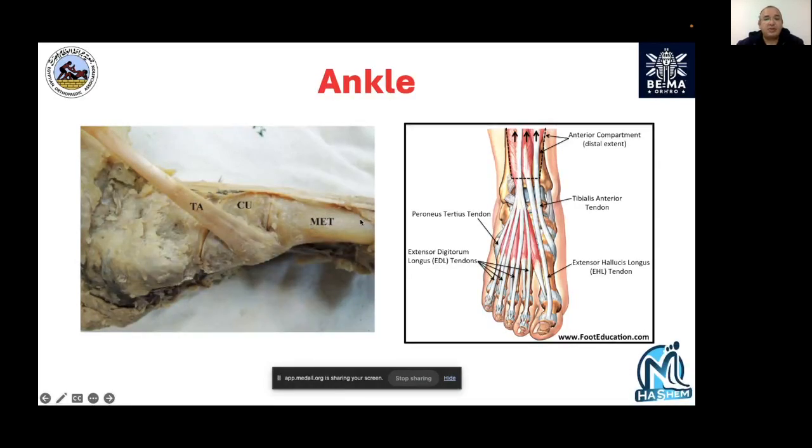If you want to test the tip end and the tip post, basically with the tip post you need to put the foot into plantar flexion, and when you put the foot into plantar flexion, what you do is relax the tip post, and then the tip end is into action, and the other way around. If you want to test the tip post, put the ankle into dorsiflexion, so you relax the tip end, and then the tip post will be into action.